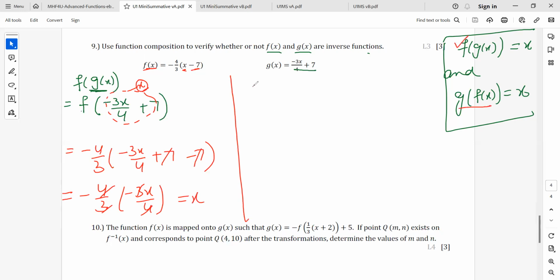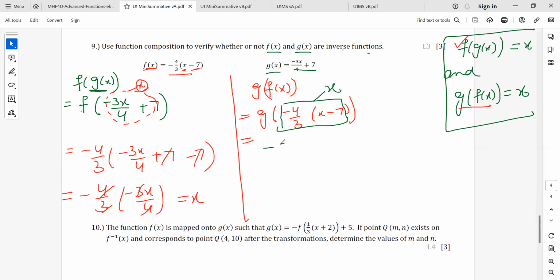Now let's check the second condition, g of f of x. So for g of x, what is f of x? Minus 4 by 3, x minus 7. Now what is the next step? A very important step is that this whole thing is now our x. So it's g of x, minus 3 times what is x? This whole thing: minus 4 by 3, x minus 7, divided by 4, plus 7.